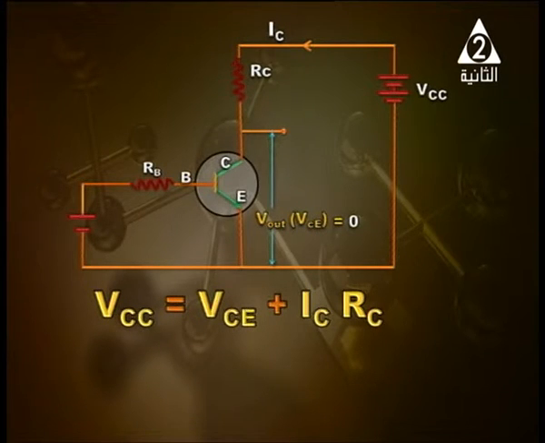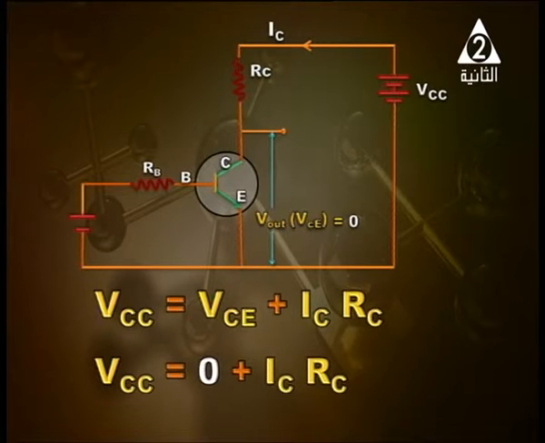And of course, since the sum of VCE plus ICRC is equal to a constant, which is VCC, when ICRC increases, VCE decreases. So in this particular case, Vout is equal to 0. VCC in this case is equal to ICRC.